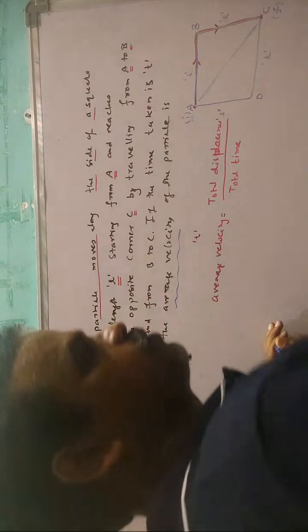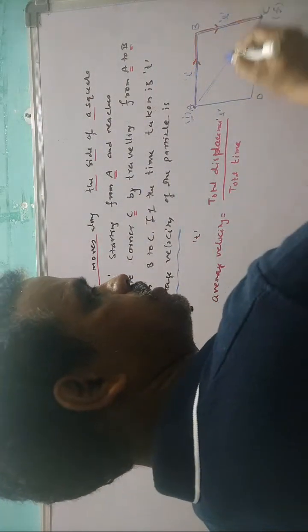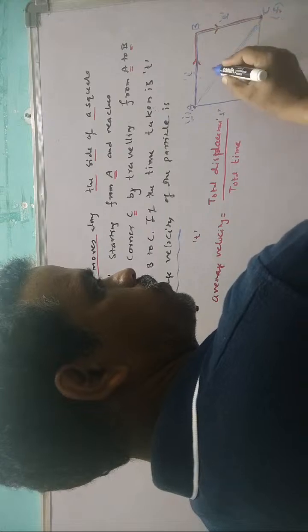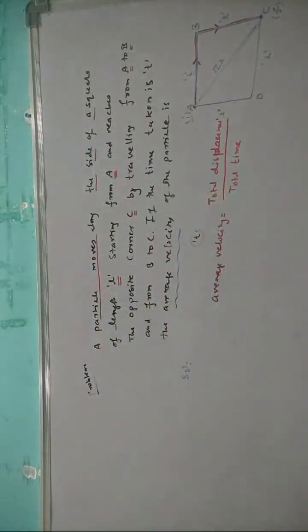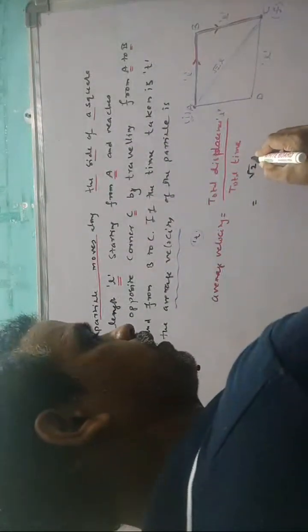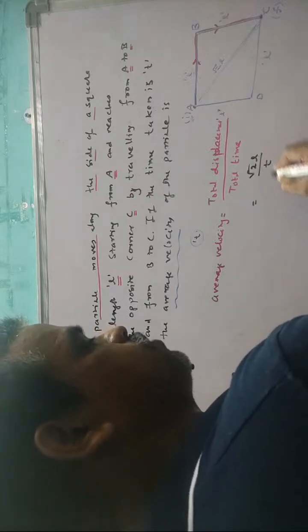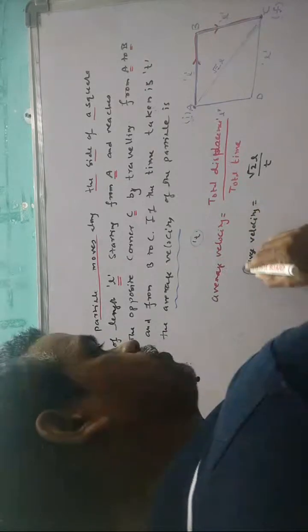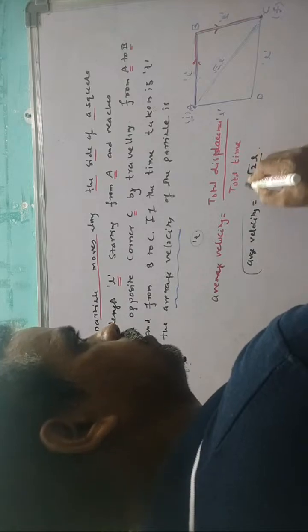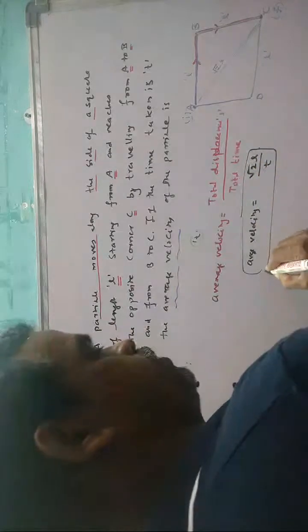This is L, this is L, so this is root 2 L. Total time taken is T. So average velocity equals root 2 L by T. This is simple.